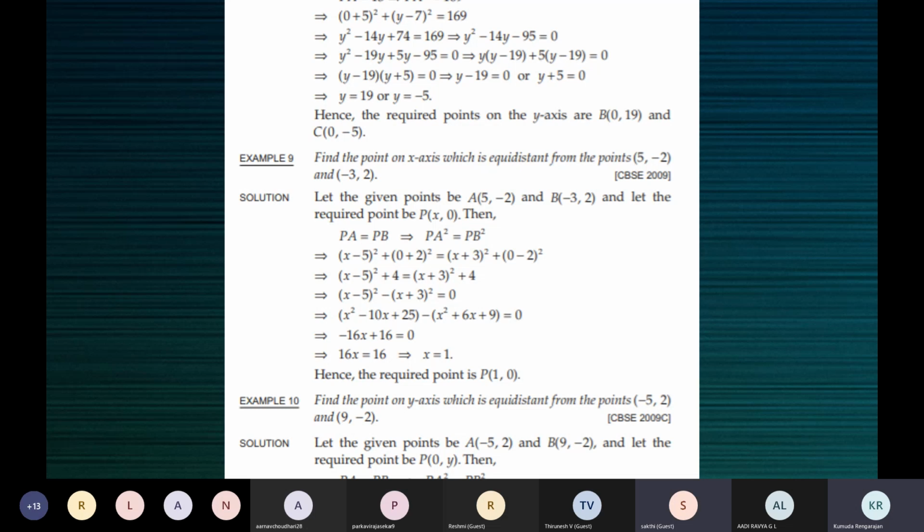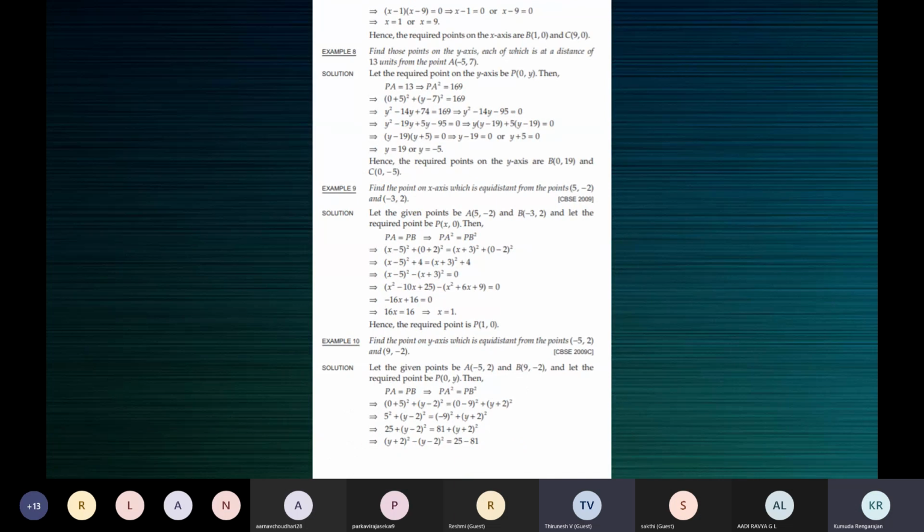You see, y is equal to minus 20, ma'am. No. Y is equal to minus 7. Yes, y is minus 7.